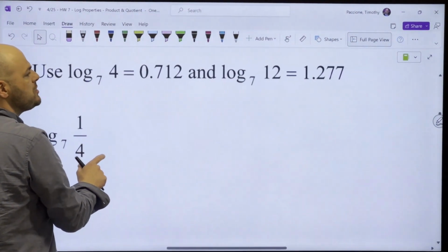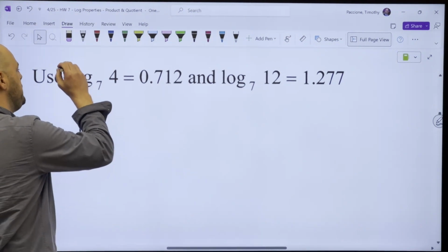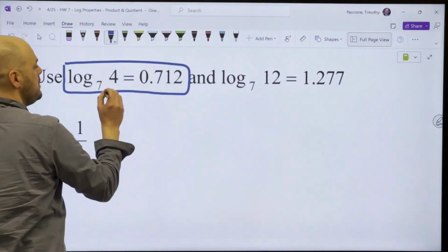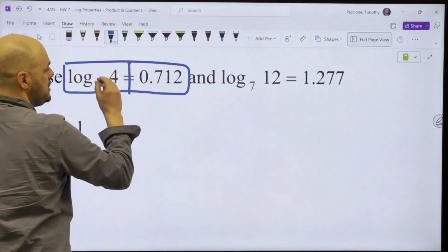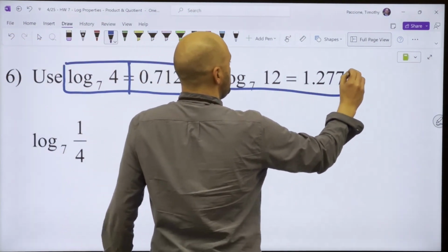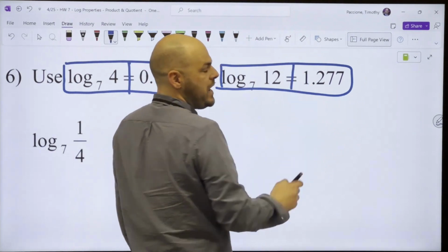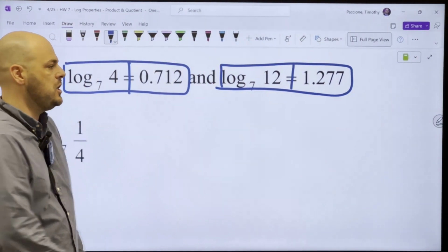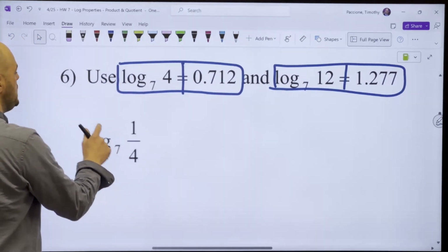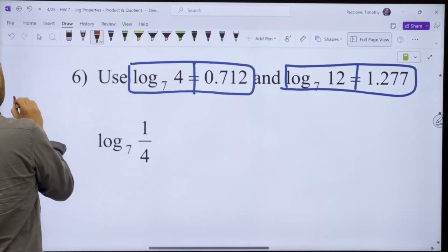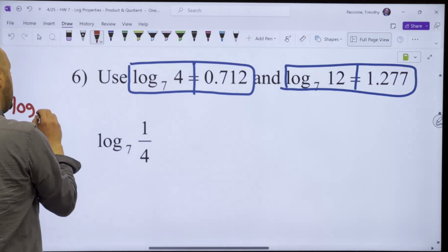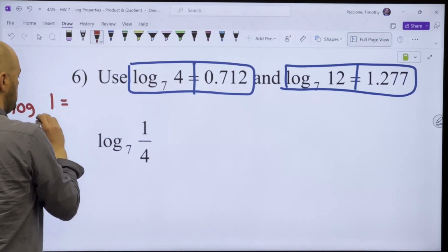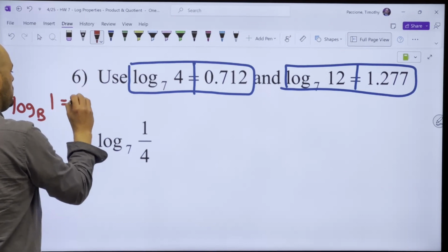Remember last class in our example, we said they give you this one and this one, but we know some already that aren't necessarily given, but we're expected to know. For instance, log base anything of 1 equals 0, right?